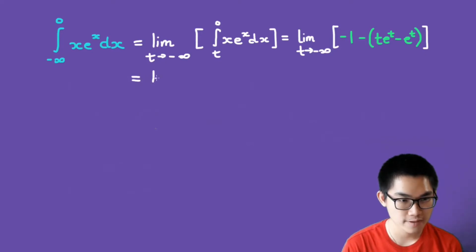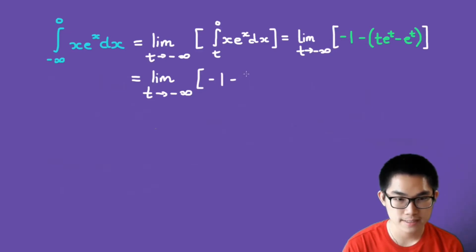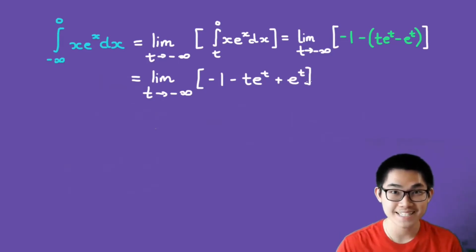Continuing on, we have the limit as t approaches negative infinity of negative 1 minus t times e to the power of t plus e to the power of t. And then what we can do now is split this limit apart.